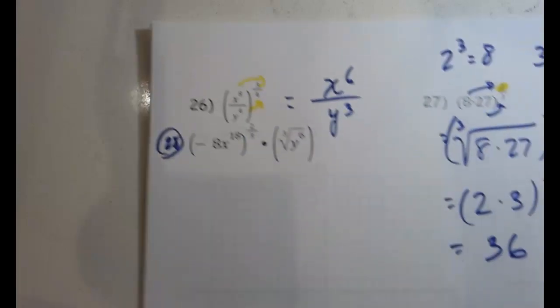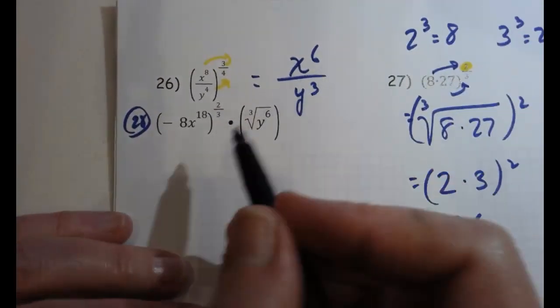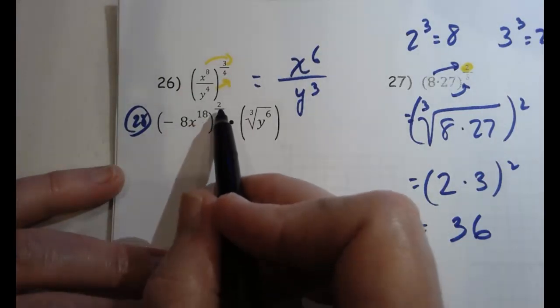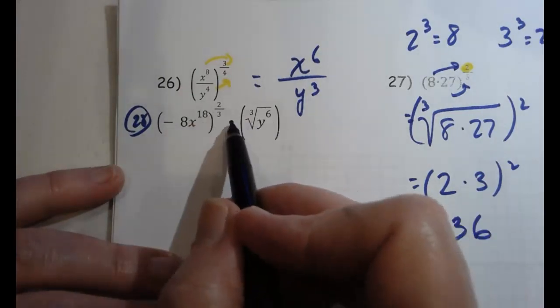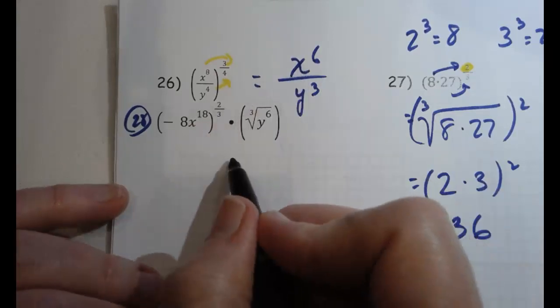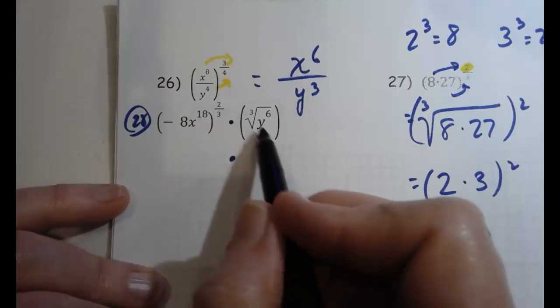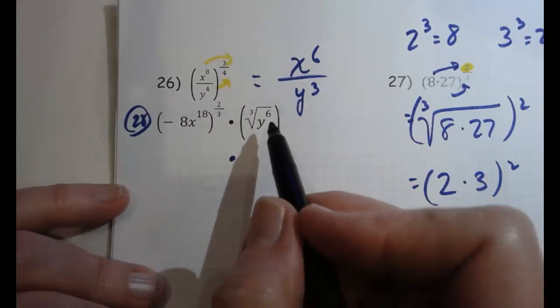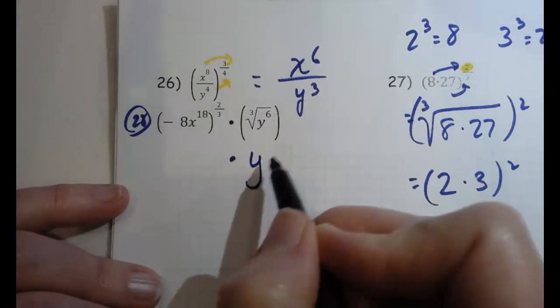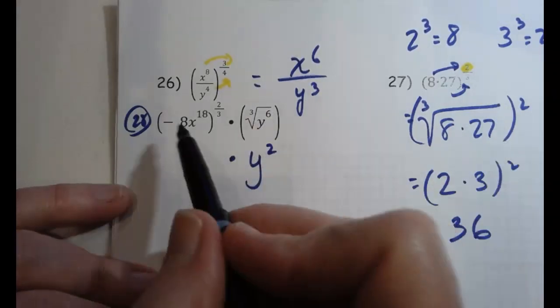Number 28 is negative 8x to the 18th raised to the 2/3 times y to the 6/3. So we can follow order of operations here. Let's go ahead and simplify this. It's the simpler one. 6 divided by 3, or 3 into 6, is just y squared. Y squared's popping out.